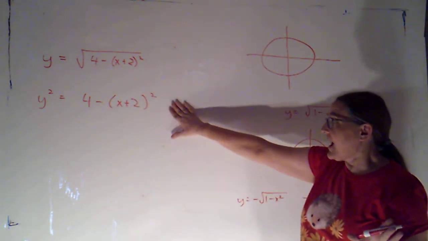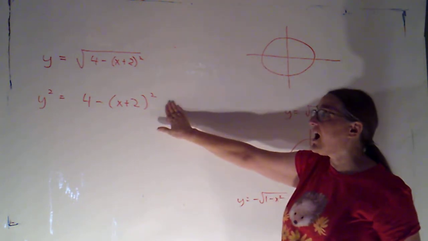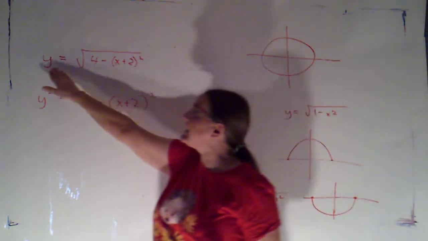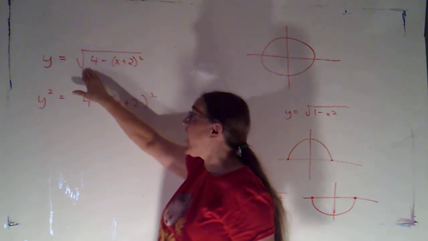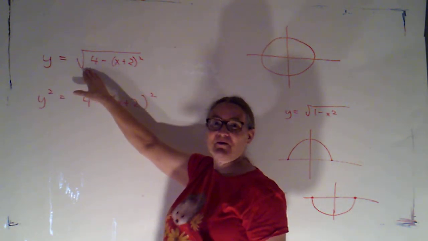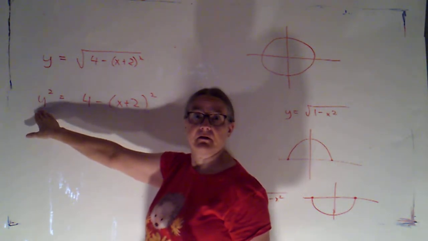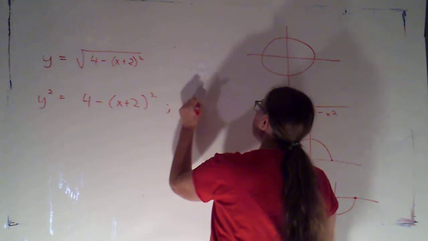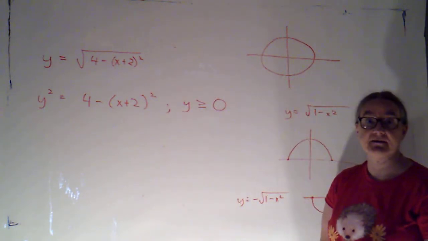Now, I need to record something else though, because this equation is not equivalent to the original equation. In the original, I can see that y cannot be a negative number because it's defined to be the principal square root of something. Here, y could be negative. If I'm trying to get to an equivalent equation, I'm going to need to record my restriction that y is bigger than or equal to 0.